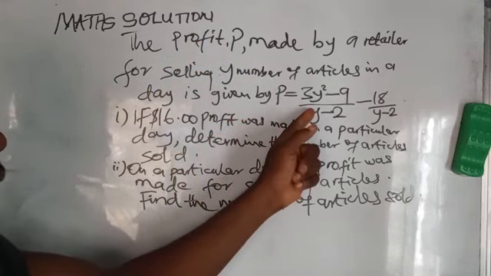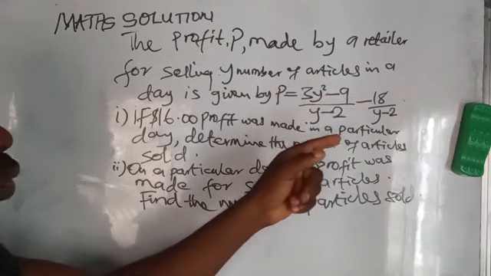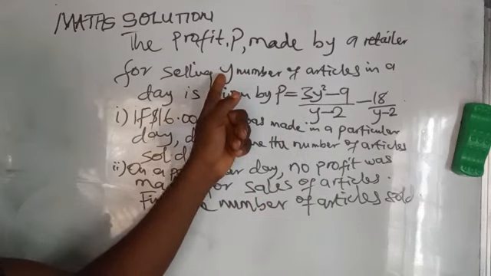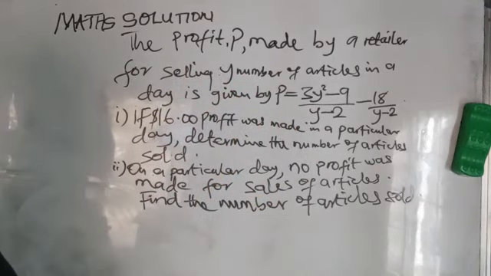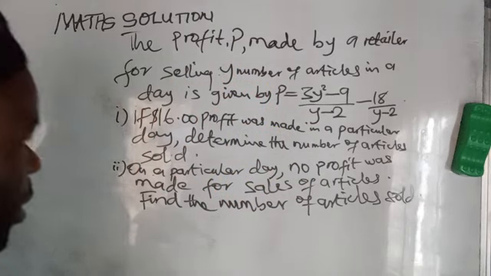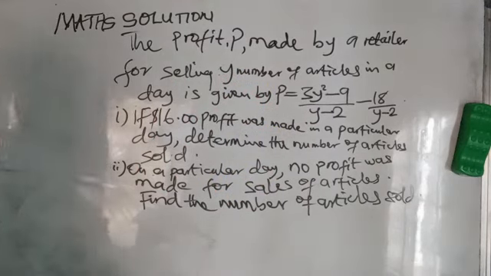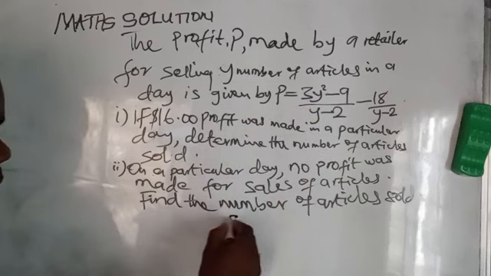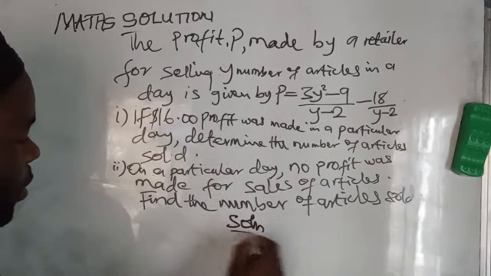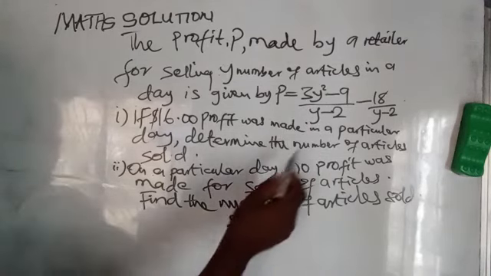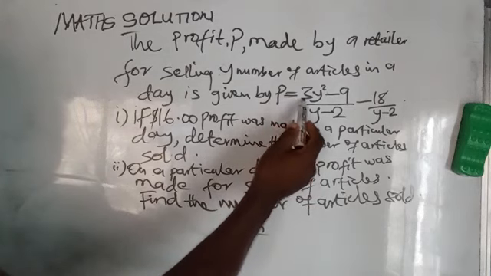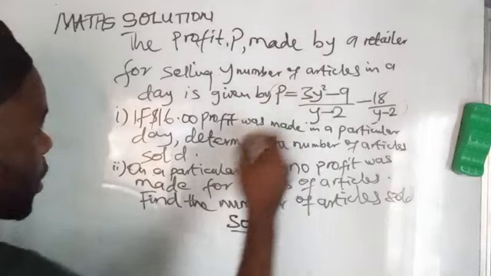Note also that anywhere you see y, it represents the number of articles sold. Let's bring out this equation.